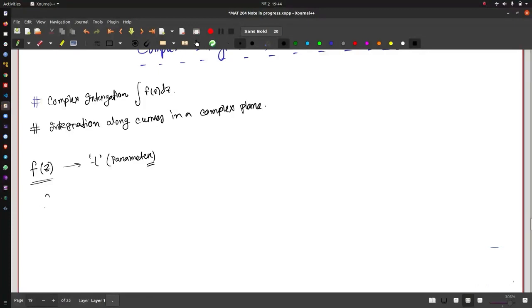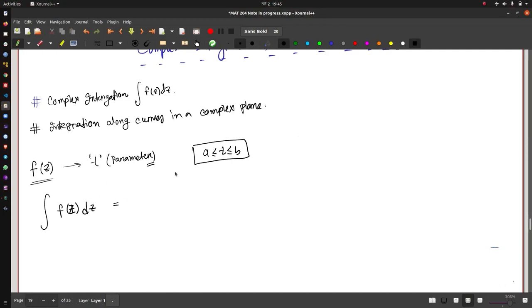Now, if you want to write this integral of f of z dz, you can define the parameter to take values between a and b, so a less than or equal to t less than or equal to b. Note that this parameter will not be visible on the complex plane, because in the complex plane you only have the x coordinates and the y coordinates, or so to say the real part and the imaginary part. This is something that runs in the background.